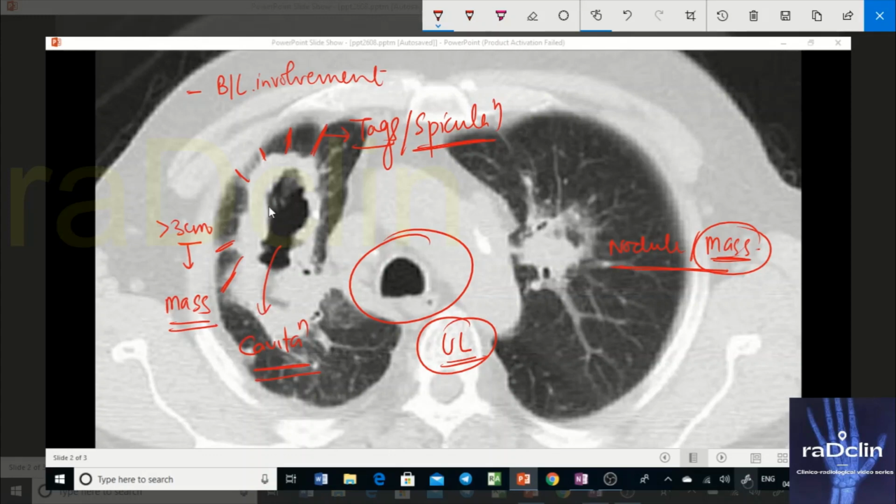But the important thing is that the wall of this cavitating mass is thick. It's a thick wall, and also it's irregular. So these features, that thick wall, irregular spiculations, and cavitation, these three features point to a specific cause for a cavity.